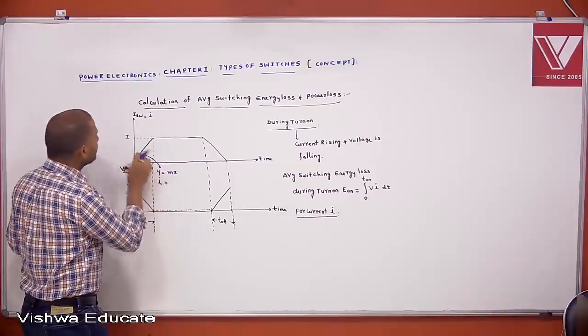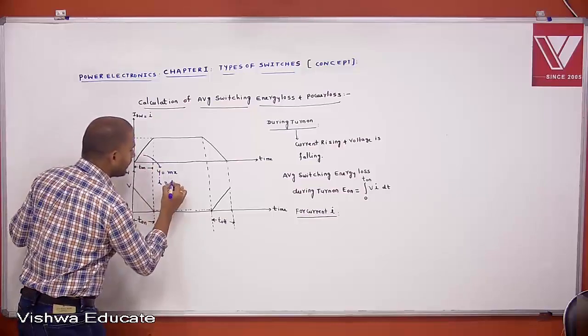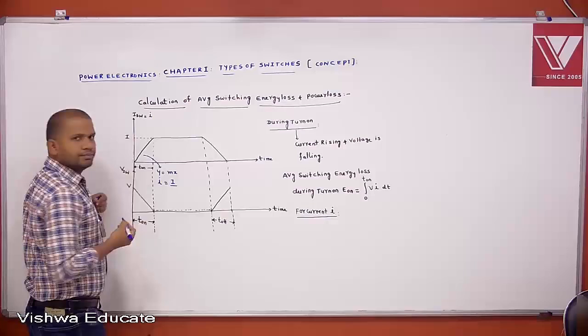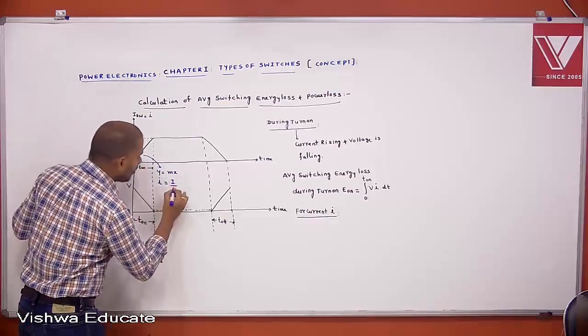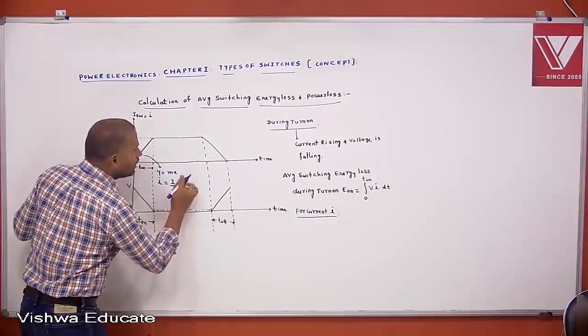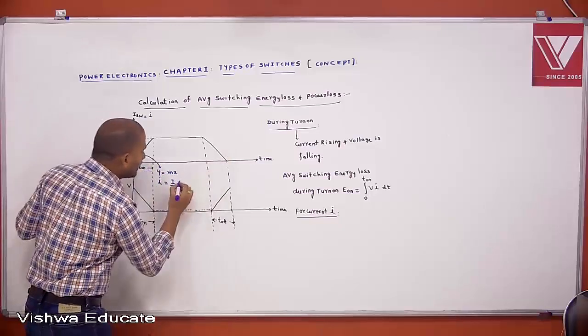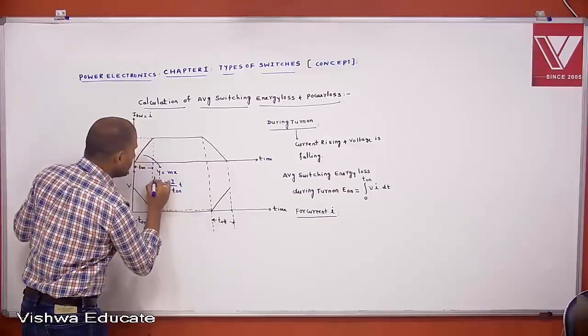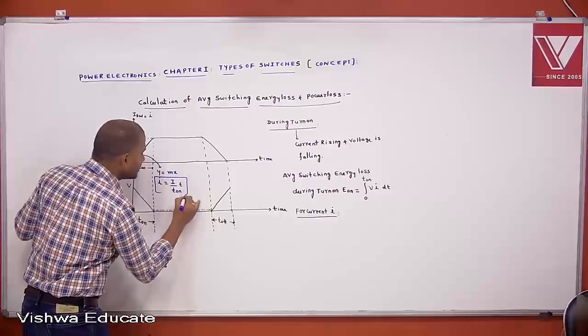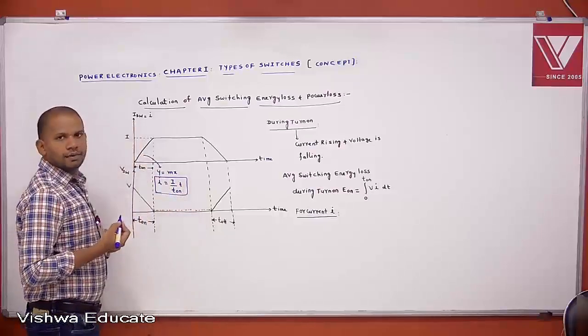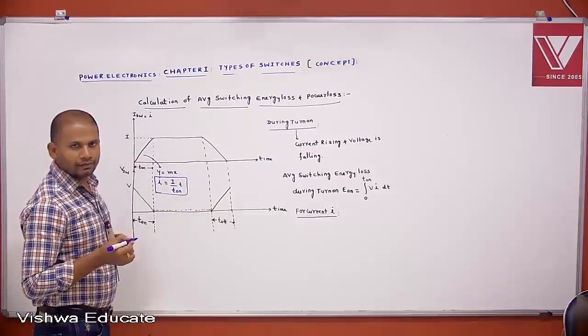Y is capital I, by x, T on. On the x axis, what you have taken? T. This is one way to write because it started from the origin.